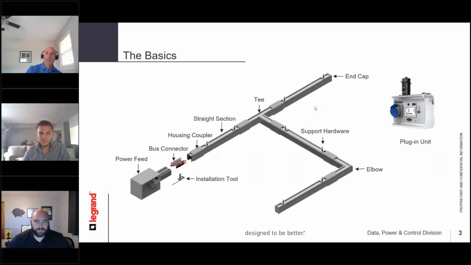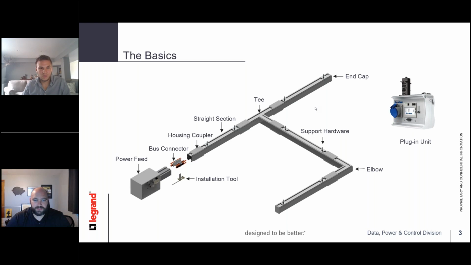All right. So if you've attended any of the previous PowerTips, we like to keep this first slide here as a reminder of the basics of Starline Track Busway. The power feed section would be where your field wiring comes in, whether that's from your transformer, UPS, or maybe some higher amperage bus duct. That would connect directly into straight sections, T-sections, elbows.